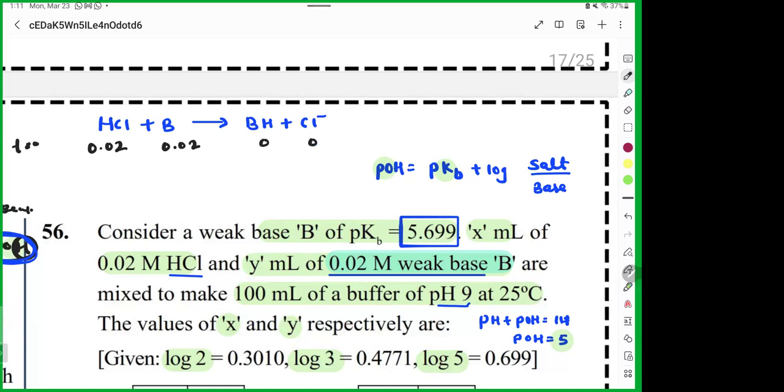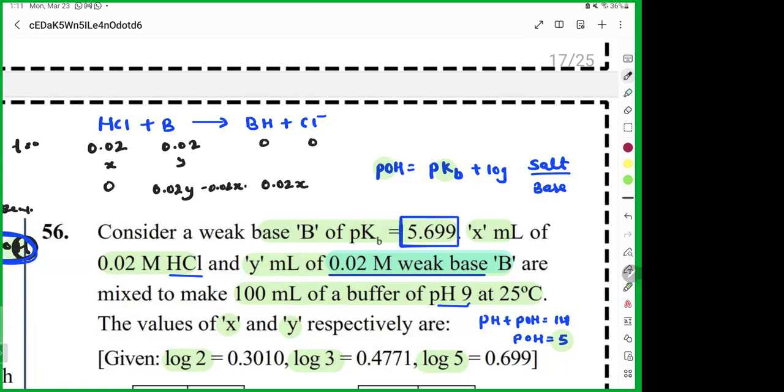Their amounts are X and Y. After some time, finally, all this HCl will be utilized. All the HCl will be used, so it will become 0. The product will be formed, so the product is 0.02x, and the reactant will decrease, so 0.02y minus 0.02x.